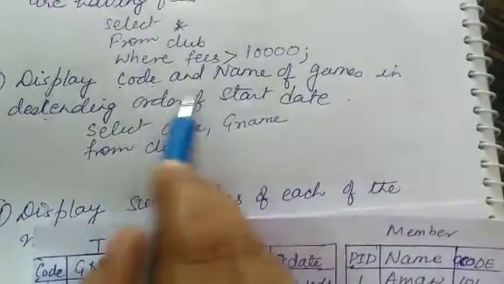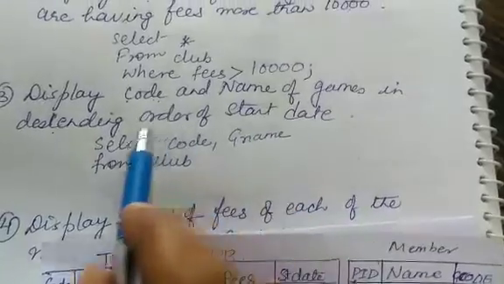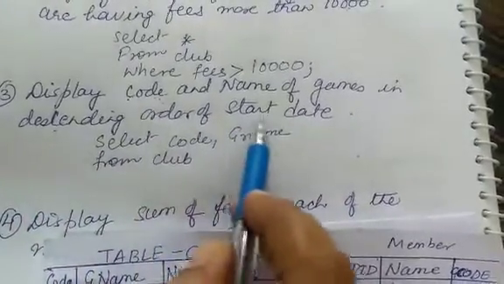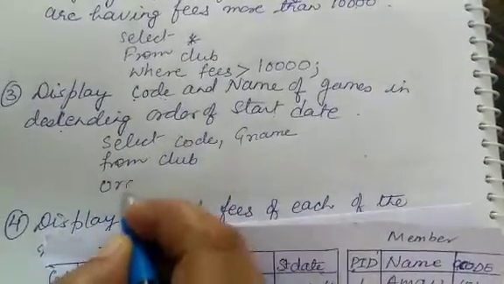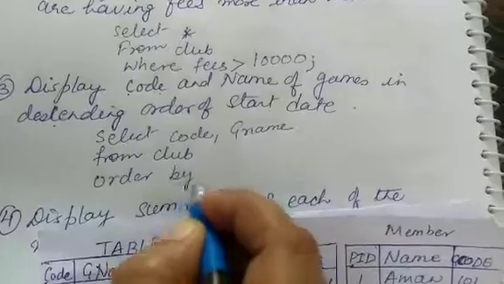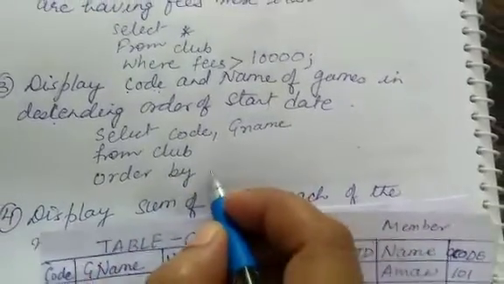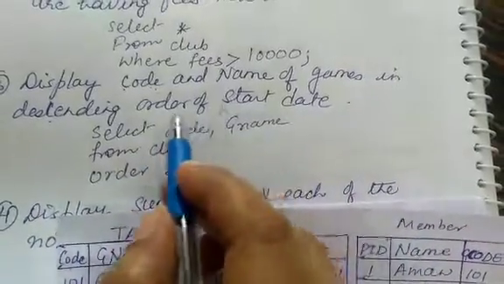Now you have to display all the records because no condition has been mentioned in the statement here. One more thing is written: descending order of start date. For order we use the order by clause. So order by. These are two different words, so put a space between them. Order by which field do you want to use? Again read the question: order of start date.